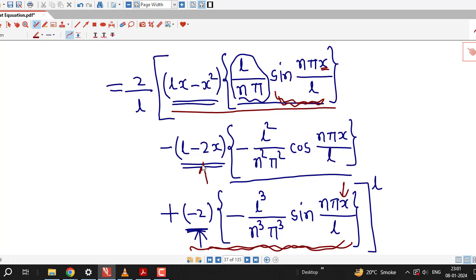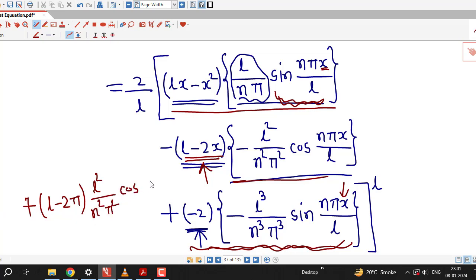We will have non-zero contribution from this. We can see that if I take x equal to L here, I will have minus (L minus 2L), and there is one minus sign here, so that is negative negative positive, L square divided by n square pi square.